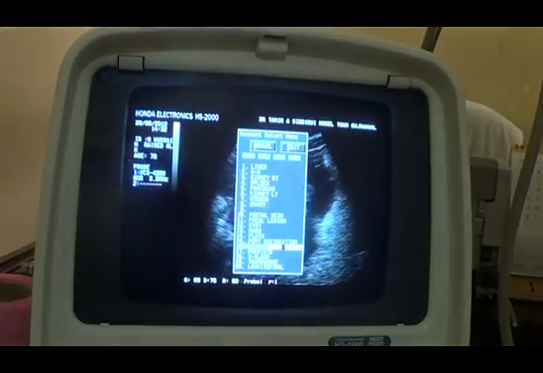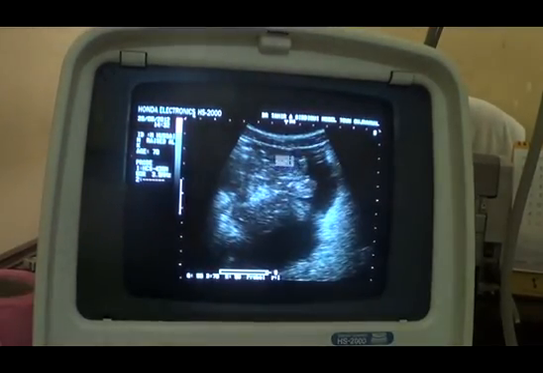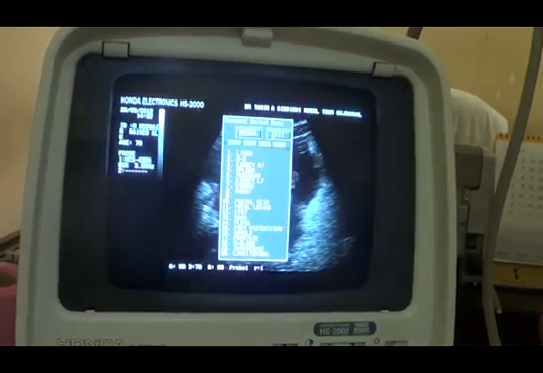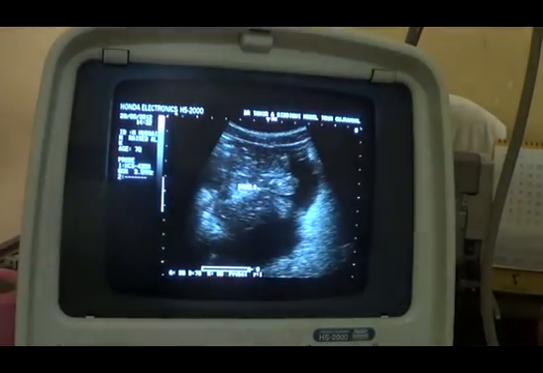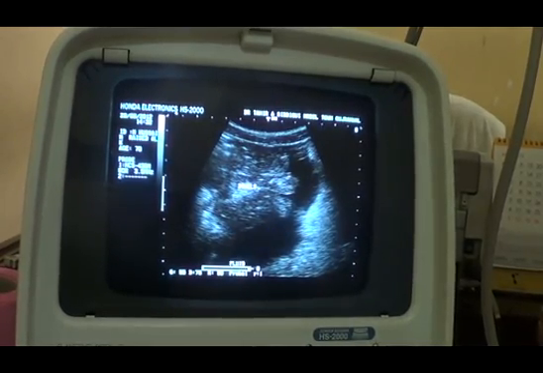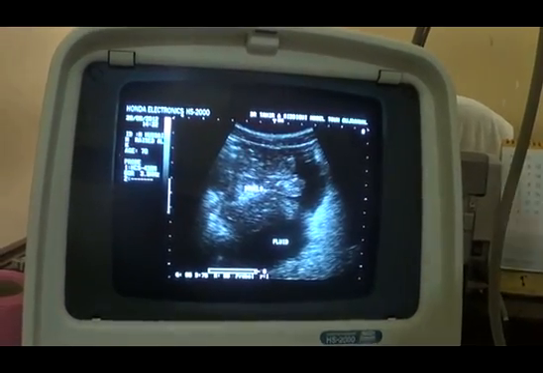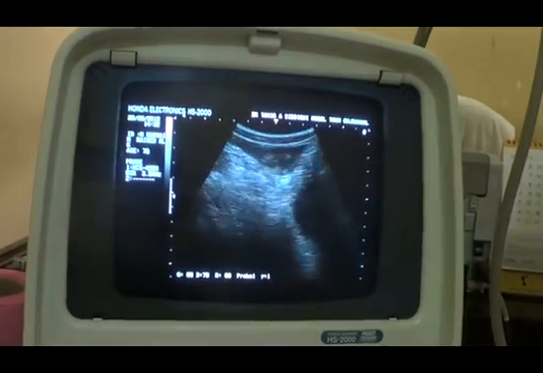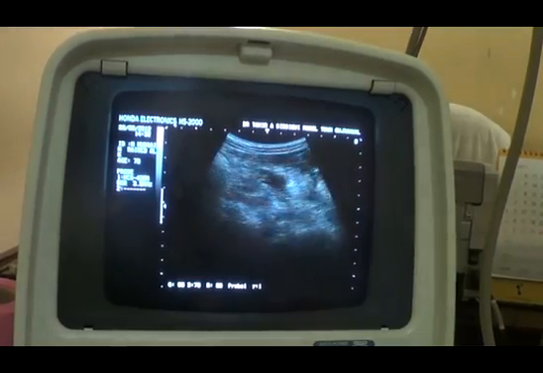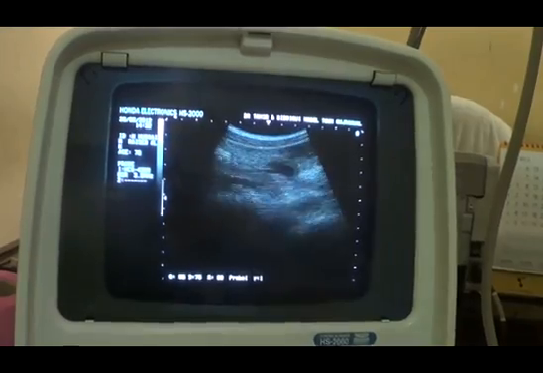These are all bowels, and this is the ascitic fluid. This black area, total black area. So there is ascites in the dependent region of the peritoneal cavity. These are the iliac vessels.